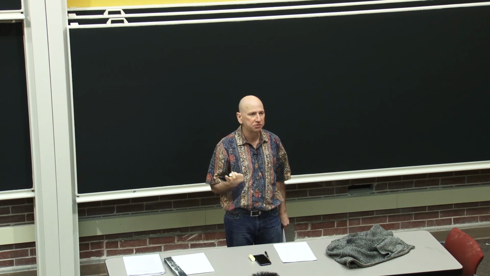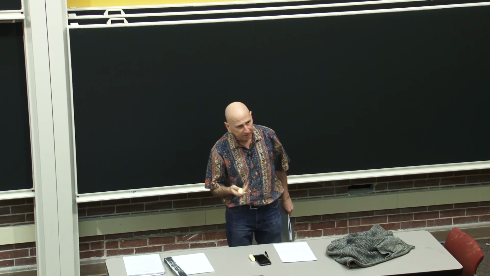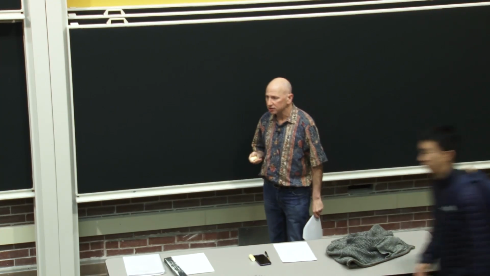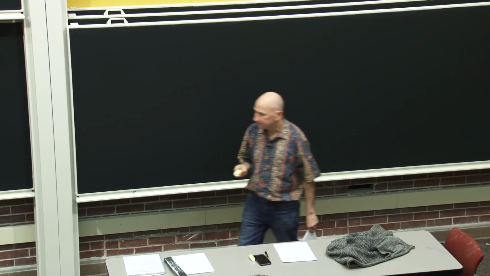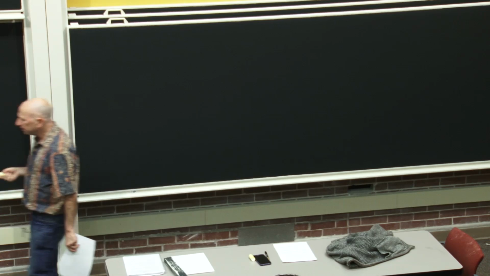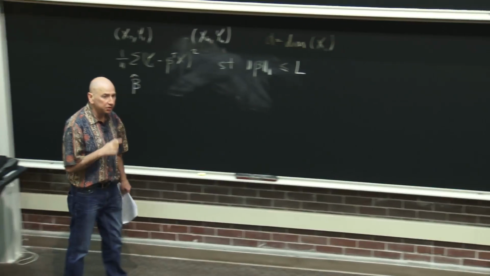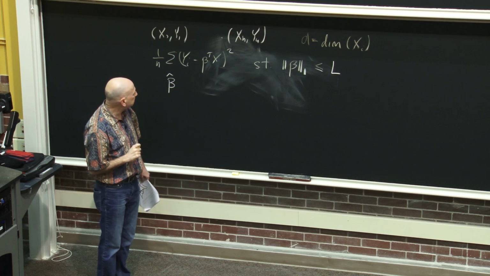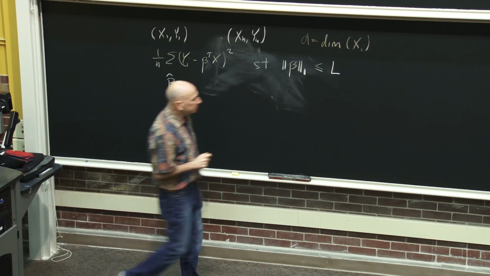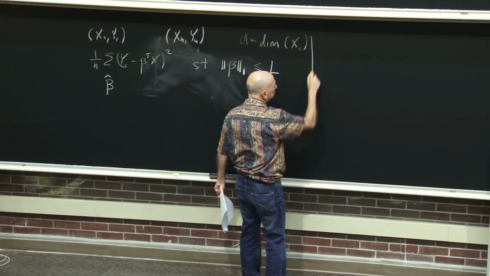First of all, that there is a true beta, that the model is linear, and a bunch of other conditions. And also we talked about the L2 consistency. Now we want to talk about risk consistency, which we'll prove, and I mentioned it right at the end of last class. So what do I mean by risk consistency?